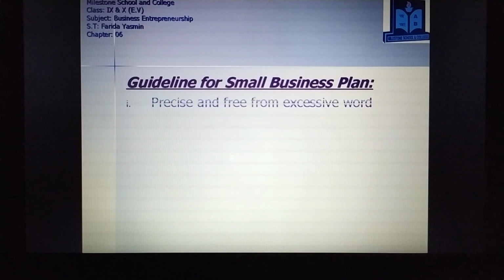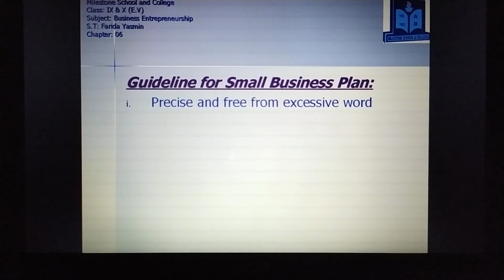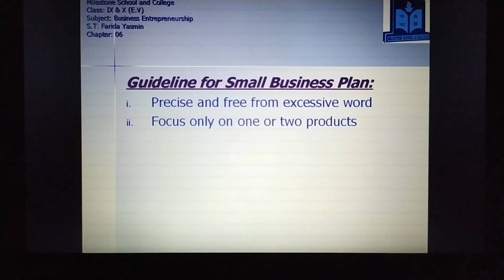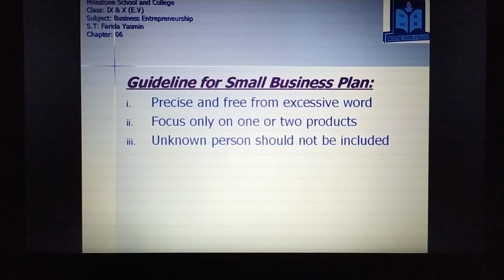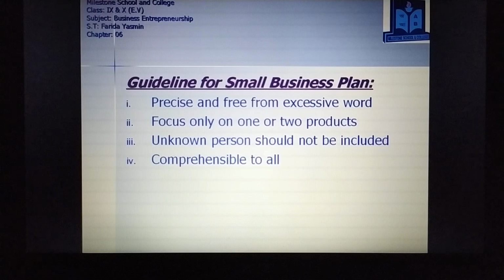Number 1, precise and free from excessive word. Number 2, focus only on one or two products. Number 3, unknown persons should not be included in the management process. Number 4, comprehensible to all. Any product should not be described with words only understood by the professionals.